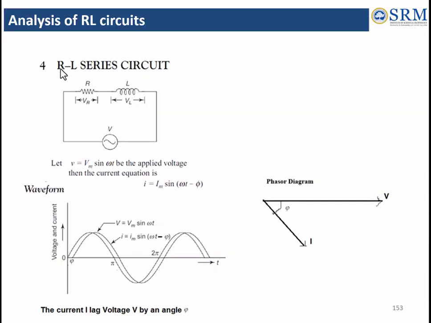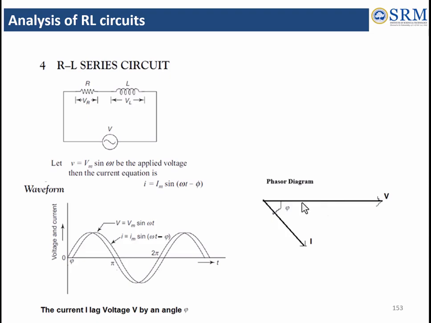Now let us see the RL series circuit. Here the alternating voltage is applied to a combination of resistor and inductor, where VR is the voltage across the resistor and VL is the voltage across the inductor. The instantaneous applied voltage is Vm sin omega t. Its current equation is going to be Im sin omega t minus phi, since the inductor will introduce lagging current.